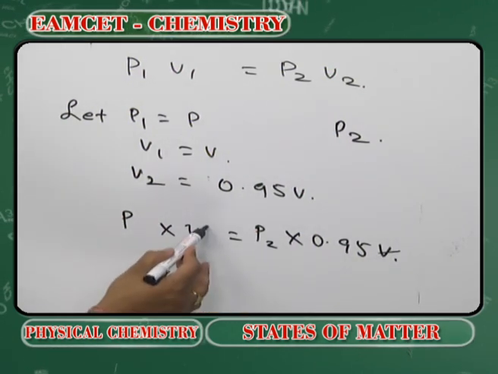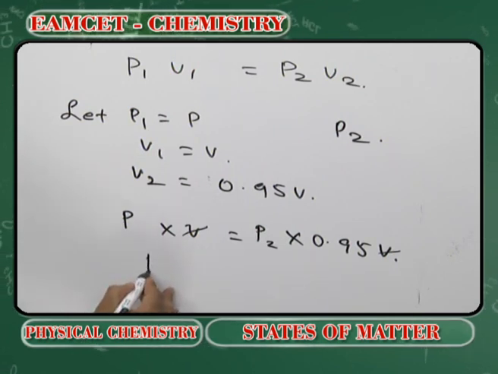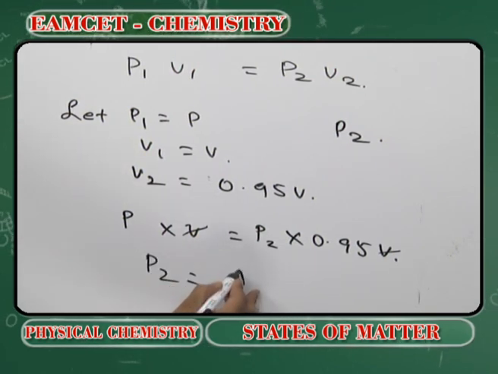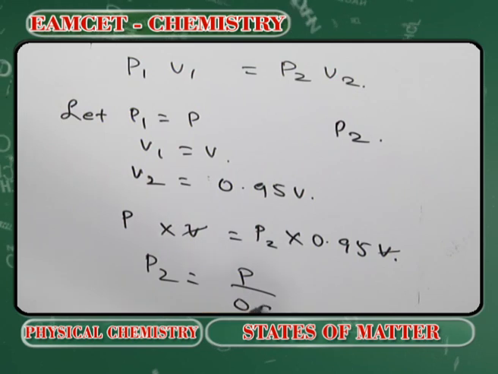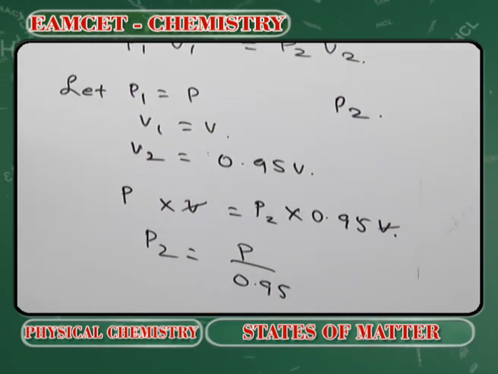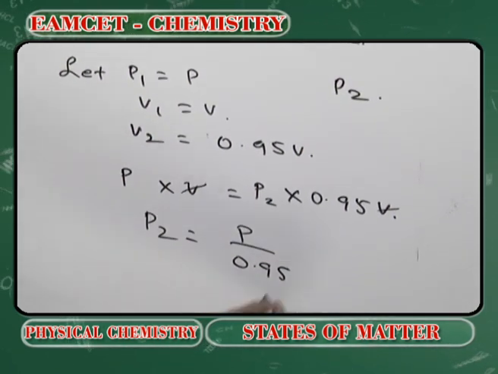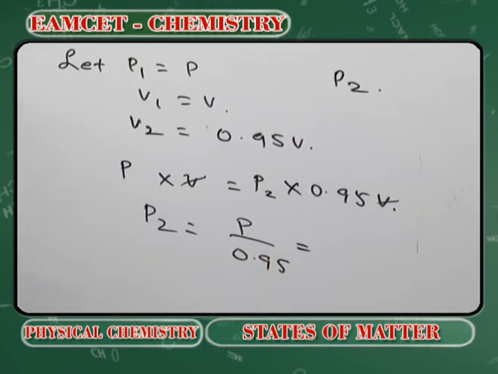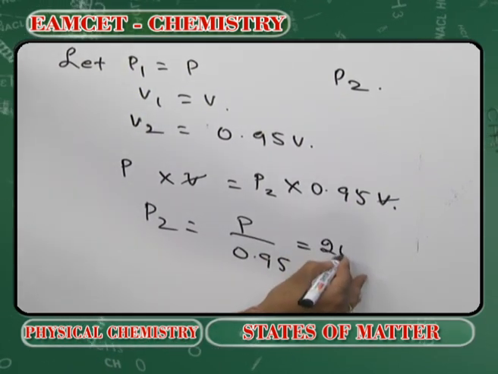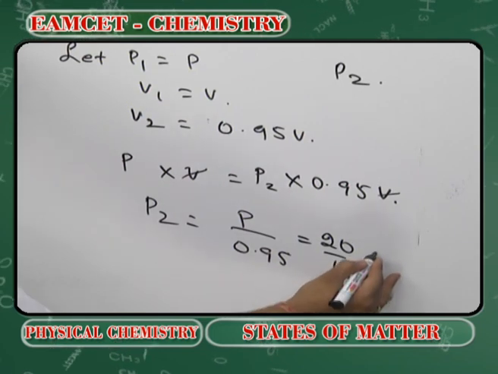This V gets cancelled out. P2 is P by 0.95, which is equal to 20 by 19 P.